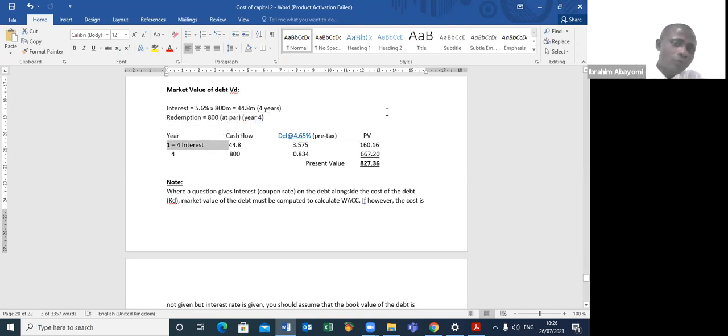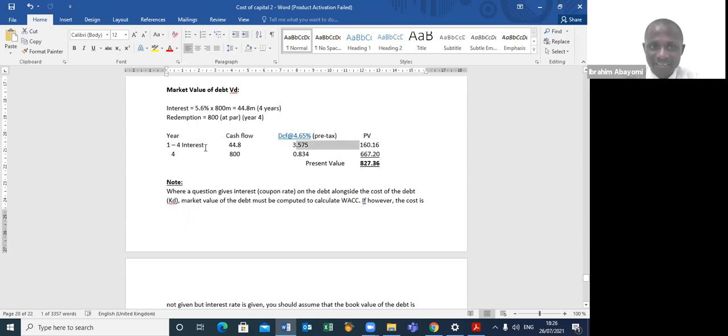Now, if I want to get the market value of equity, one of the methods I can use is the free cash flow model. That is one of the models I can use to obtain my market value of equity. Now, I will discount my free cash flow to equity using cost of equity.